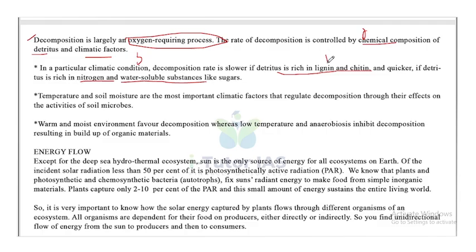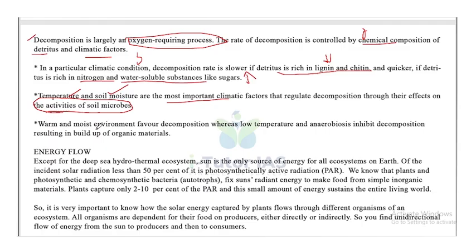Temperature and moisture are the most important climatic factors that regulate decomposition through their effects on activities of soil microbes.